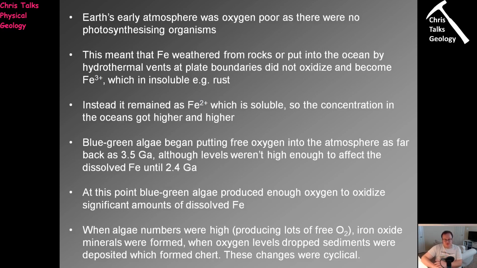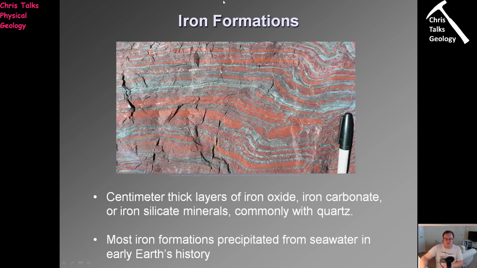So at this point, about 2.4 billion years ago, these blue-green algae are starting to produce so much oxygen that the oxygen they produce is beginning to oxidize the iron dissolved in the seawater, and it's taking it from iron 2+ to iron 3+. And so when we have iron 3+ plus oxygen, it forms an iron oxide mineral, like these ones right here.